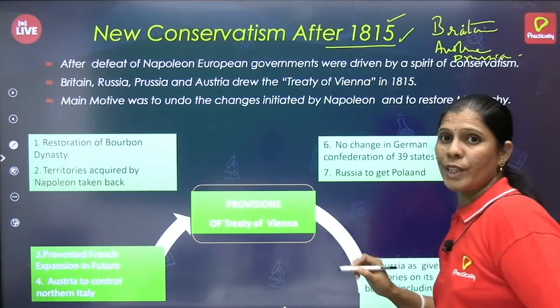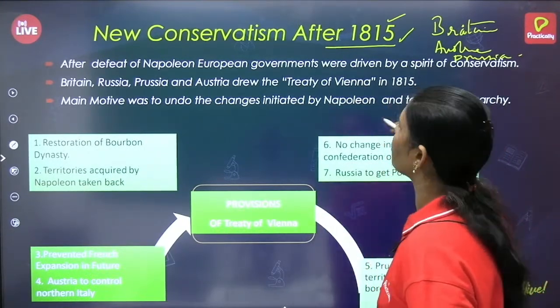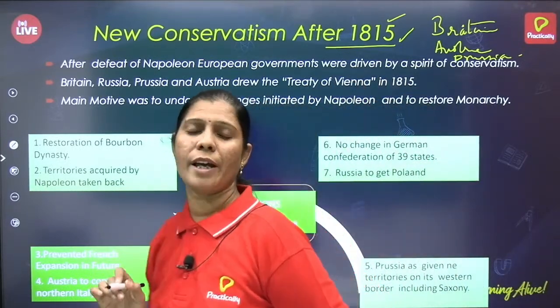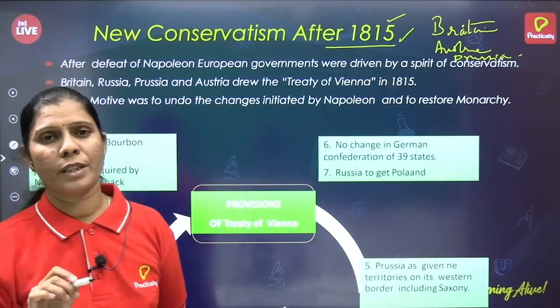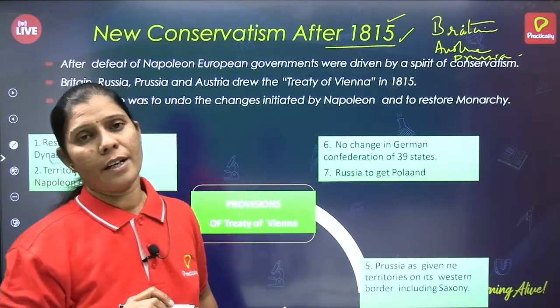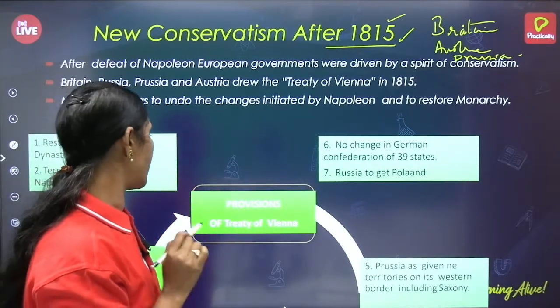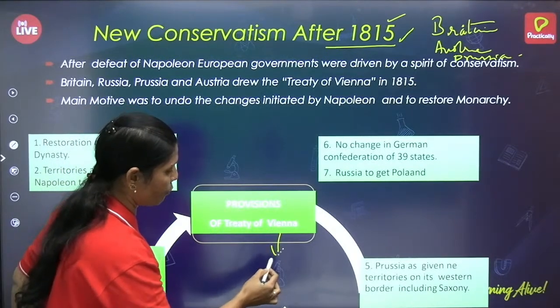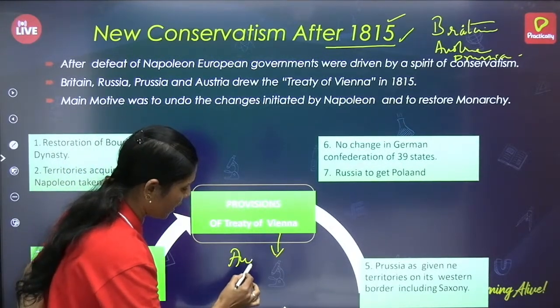Okay, so these nations formed an alliance. As soon as they won the war, they gathered at a place called Vienna. Vienna was the capital of Austria and Hungary.